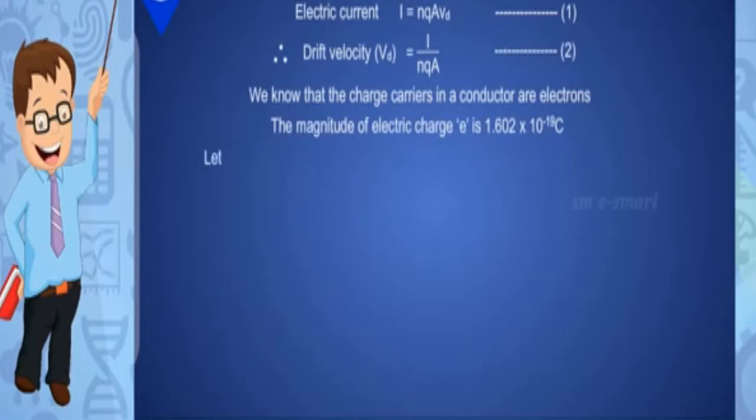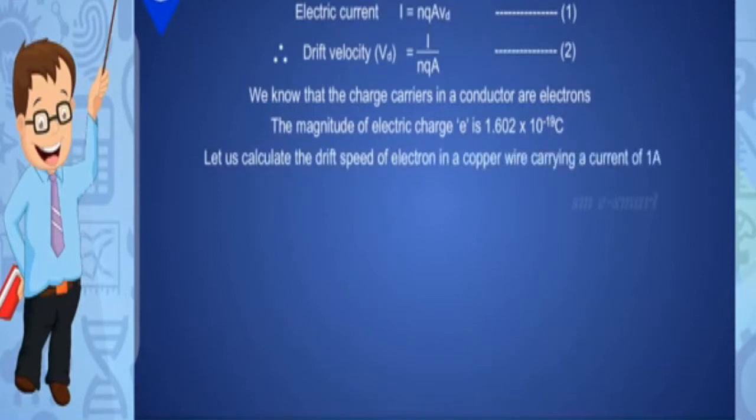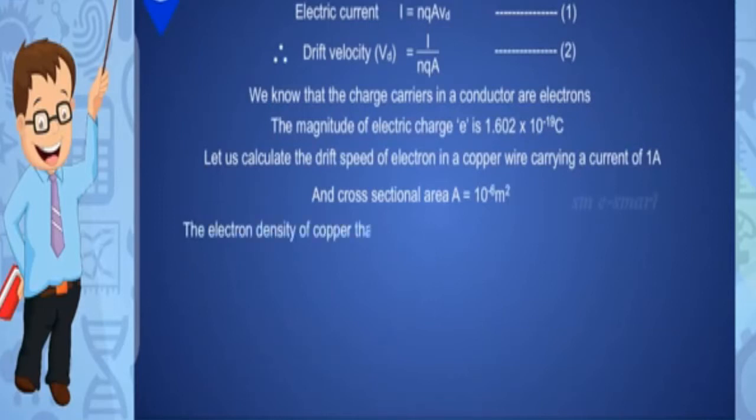Let us calculate the drift speed of electrons in a copper wire carrying a current of 1 ampere and cross-sectional area A equals 10^-6 m². The electron density of copper that was found experimentally is N equals 8.5 × 10^28 per m³.